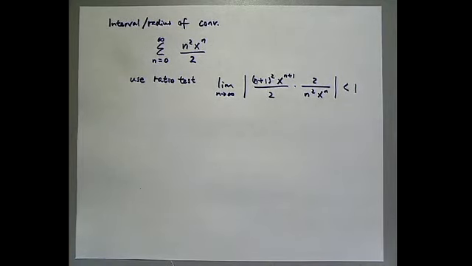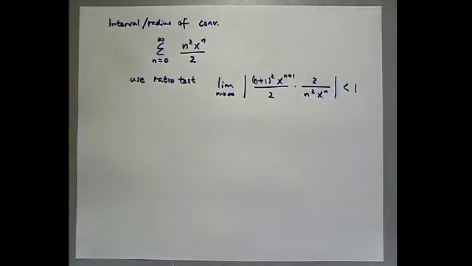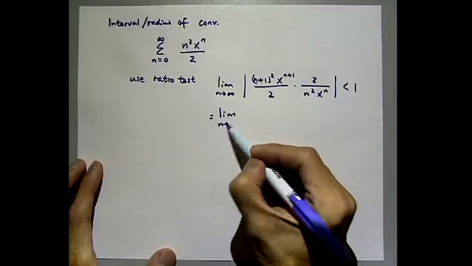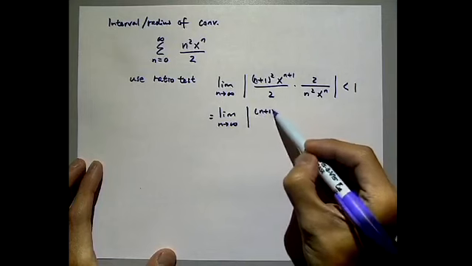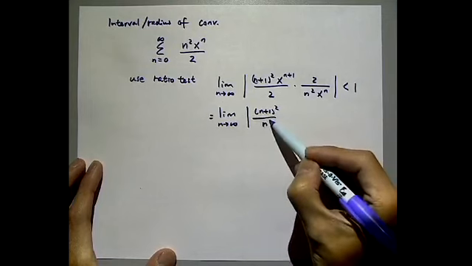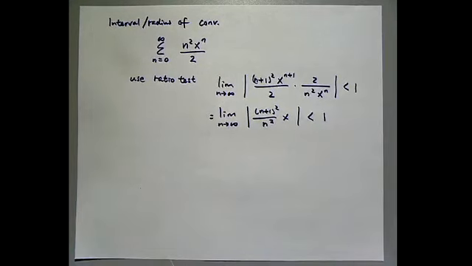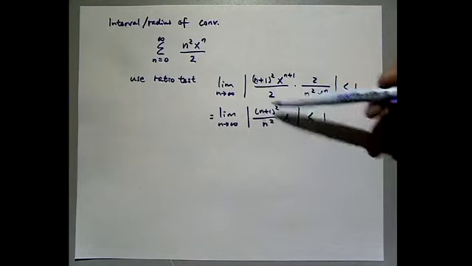And we know if this thing is less than 1, strictly less than 1, then the series will converge. So now we can find out what x has to be for that series to converge. And with this one here, we see that that goes to 1.